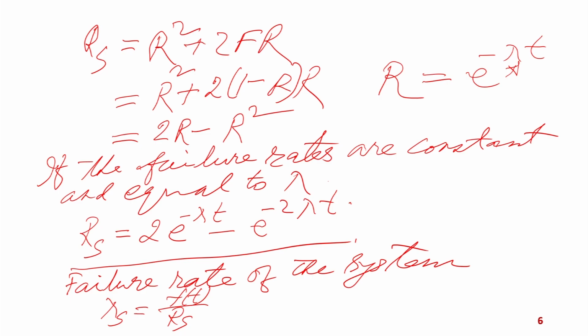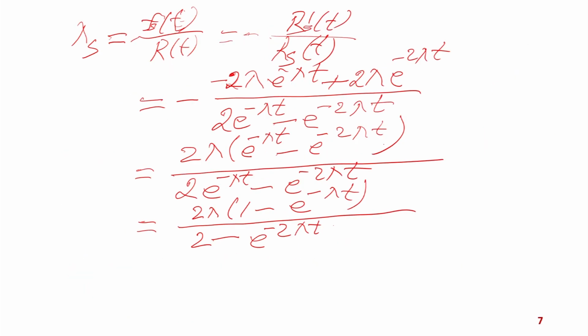Once I have the reliability function, we can calculate the failure rate of the system using this expression: f(t), the probability density function of failure, divided by the reliability function. This is the way we did it, and finally we derived this expression. As I said, the failure rate is no more constant, but it is a function of time.